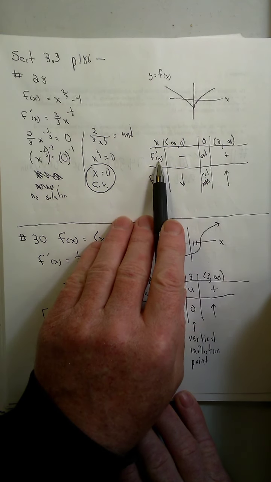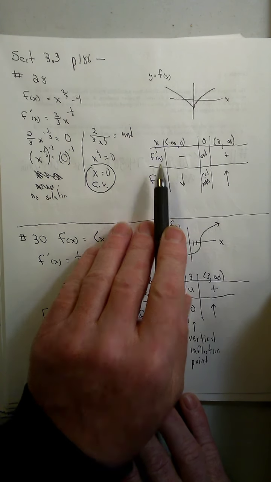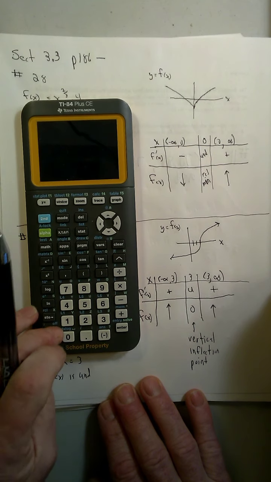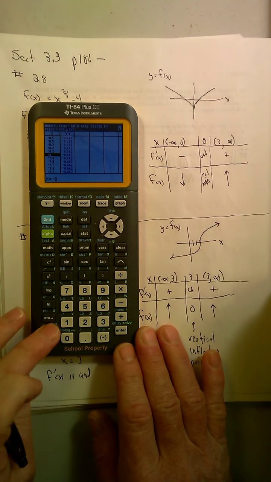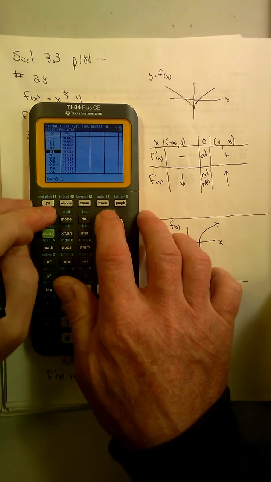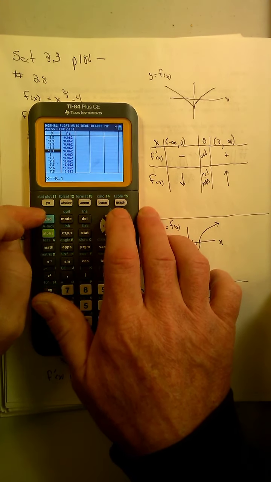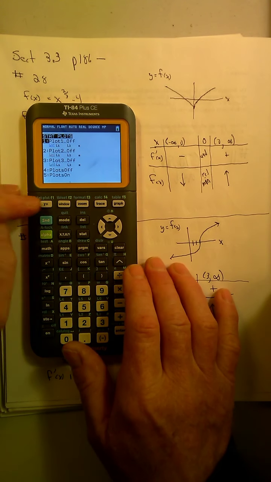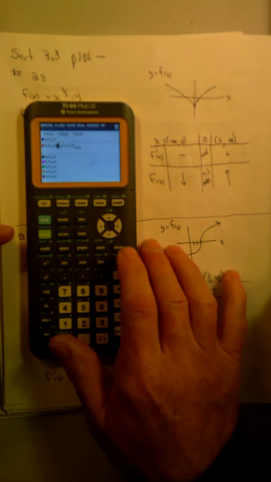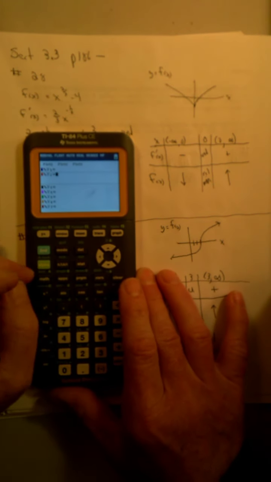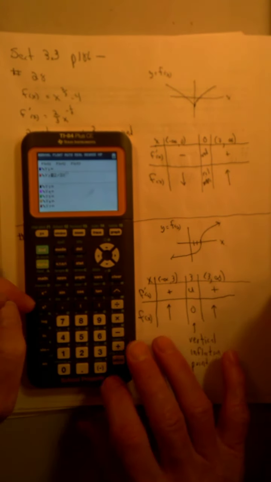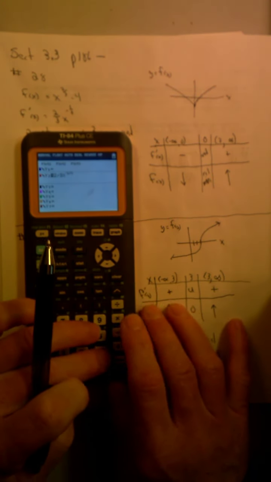I then check on values of the derivative. Now, you're using the derivative to describe the function. Okay? So if I go to y equals and type in the derivative, 2 divided by 3 x raised to the negative 1/3.